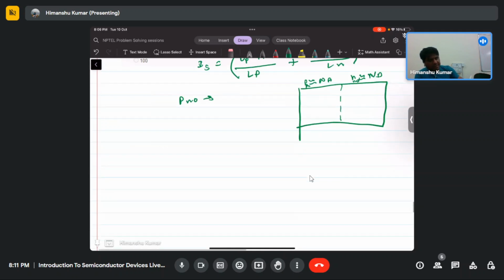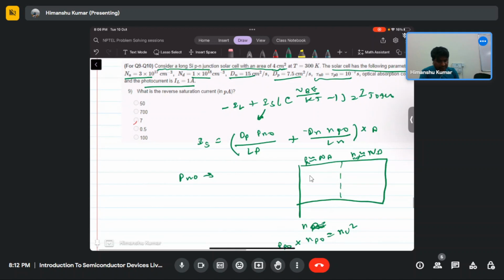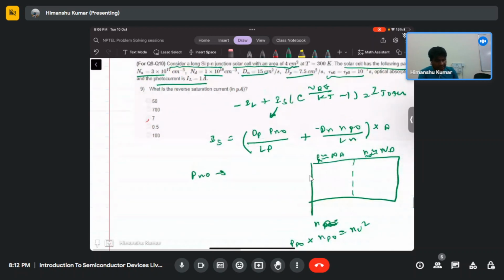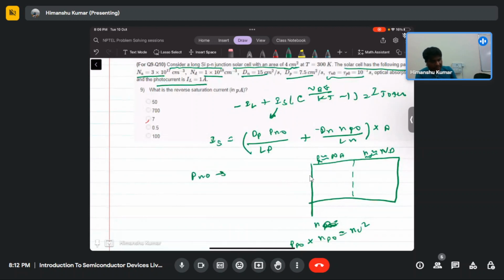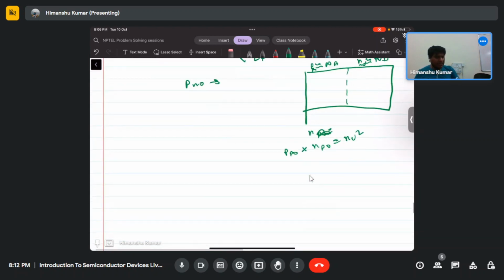To calculate Np naught, we need to apply the law of mass action. So Pp naught multiplied by Np naught equals Ni square, right? We can calculate this in terms of Na and Nd.